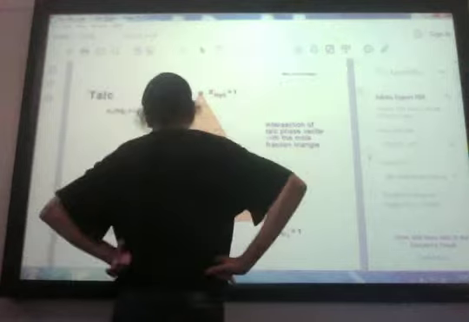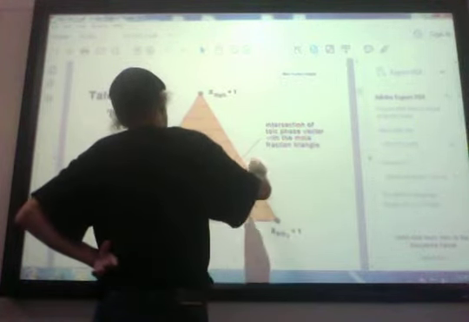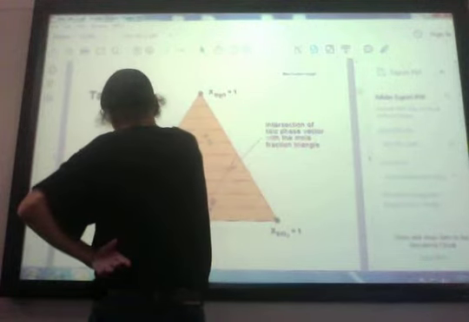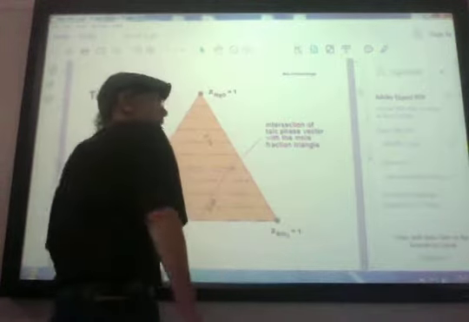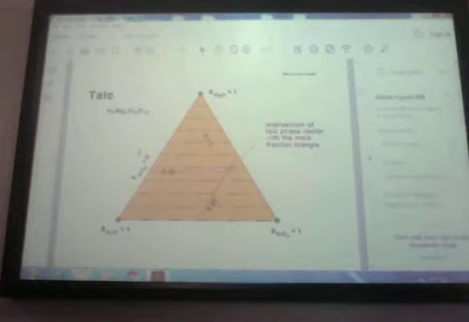And now we can calculate a certain mineral containing magnesium, silica and water. We can put it in such a triangle, yeah?